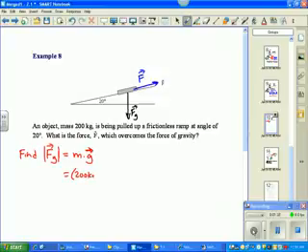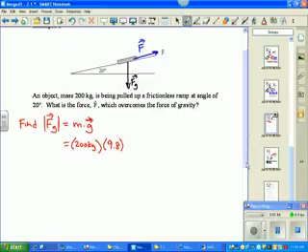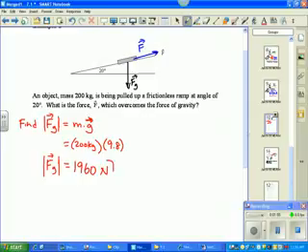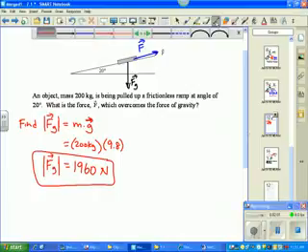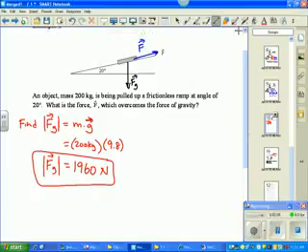Here the mass is 200 kilograms, and for gravity we've got 9.8, and this is going to give us the magnitude of the force of gravity, 1960 newtons.